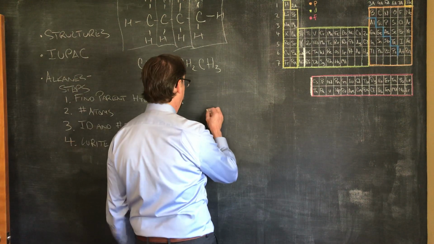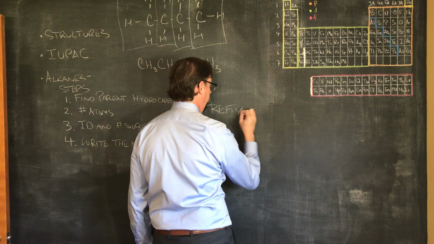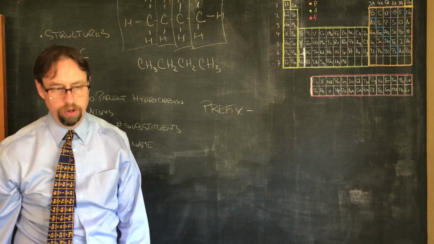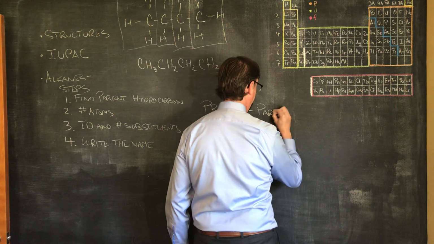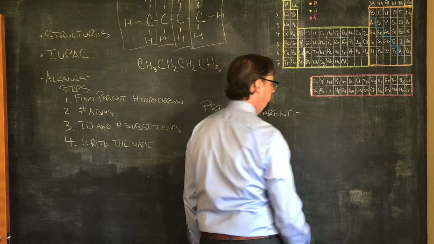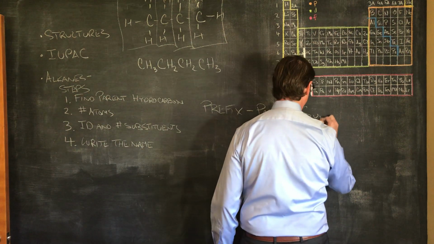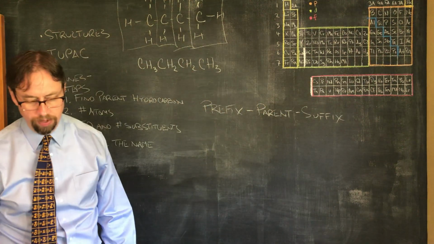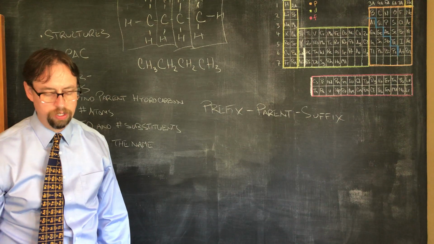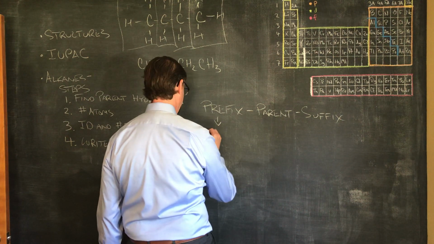You're going to have a prefix with each name. Okay, you're going to have the parent part of the name, and then you're going to have the suffix that comes after that, the ending of the name. The prefix names what we call substituents.